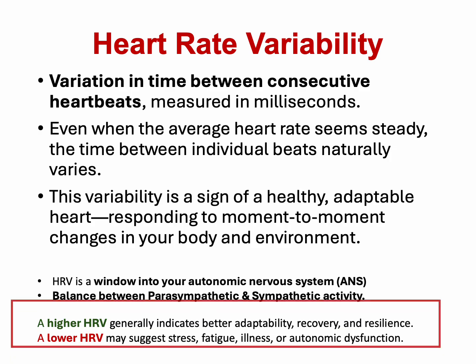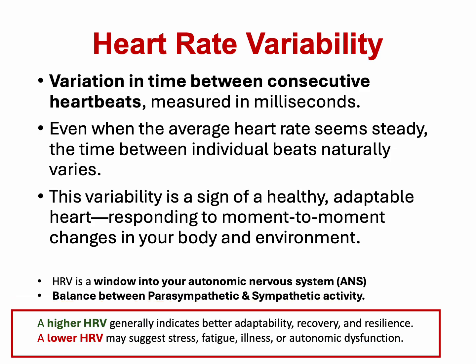Small timing shifts are normal and healthy. So heart rate variability is a window into the autonomic nervous system balance between parasympathetic and sympathetic activity. A higher heart rate variability generally indicates better adaptability, recovery, and resilience, and a lower heart rate variability may suggest stress, fatigue, illness, or autonomic dysfunction.